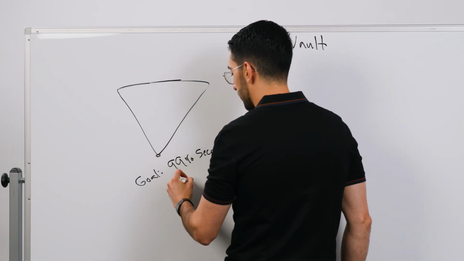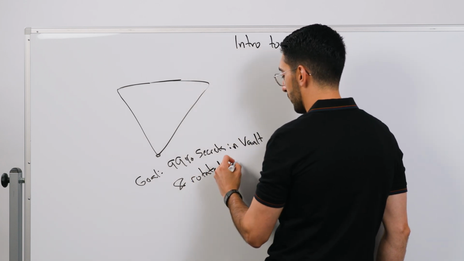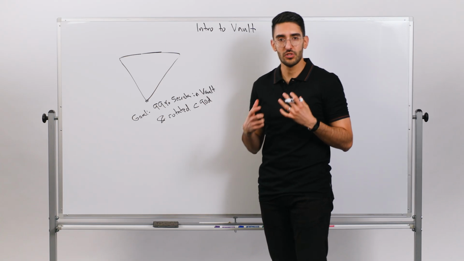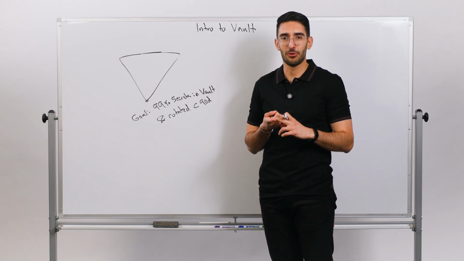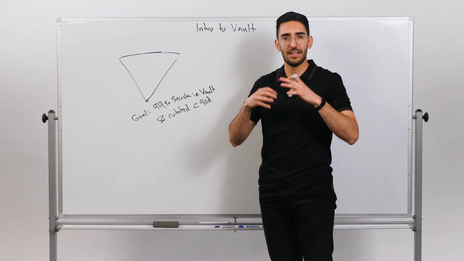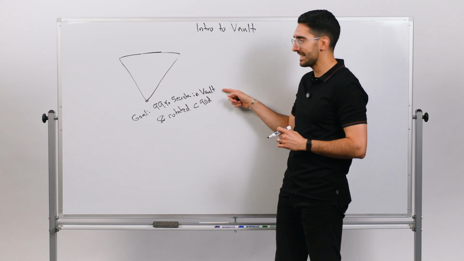And for most of these secrets, we care about rotating them. So we want them to be rotated on some interval, let's say less than 90 days, right? So we might start with the goal, which is these two things. We want to make sure our secrets are in a vault, meaning they're access controlled, they're encrypted, we have auditing around who accessed what, and we have an ability to restrict access to people on a need-to-know basis, right? That's the first part.